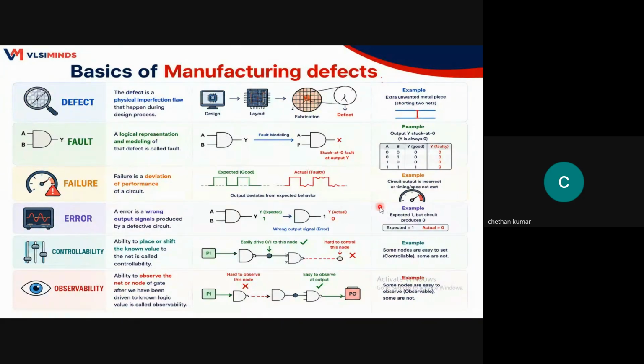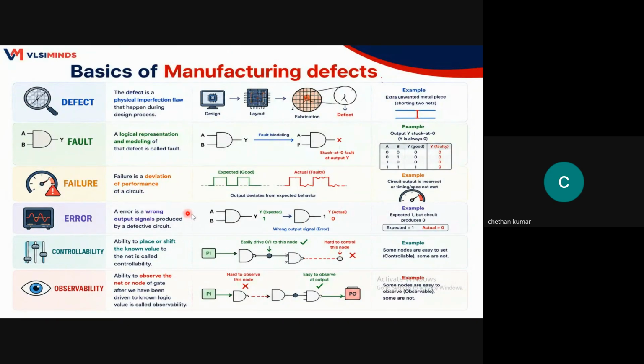You see here, for the good chip, it should be 1 and here it's 0. So it will not be as per our requirement. The performance will go down, or there is a deviation in the performance. That will be represented by error, whatever the wrong output we are getting instead of 1, in front of that performance failure.